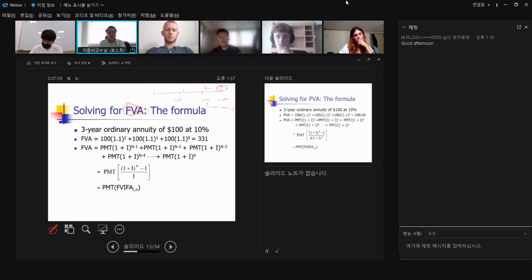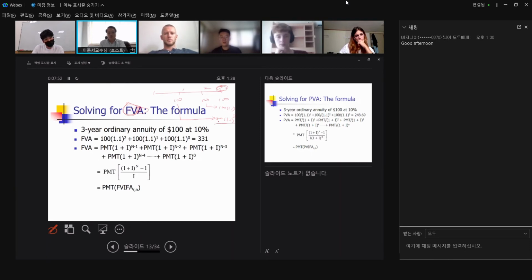So the $100 that I expect to receive at time 2 is going to be 100 times 1.1 as of year 3. How about this 100 that I expect at time 1? It is going to be 100 times 1.1 squared as of year 3.